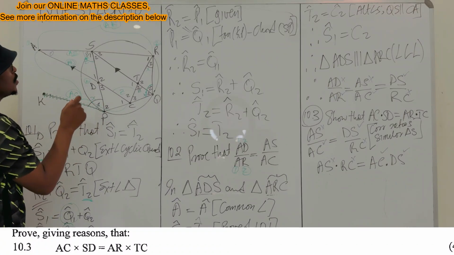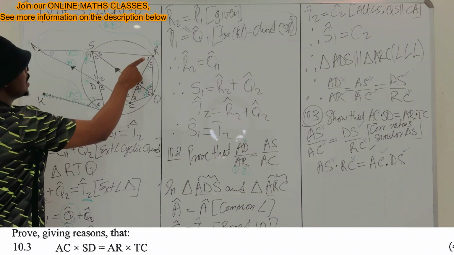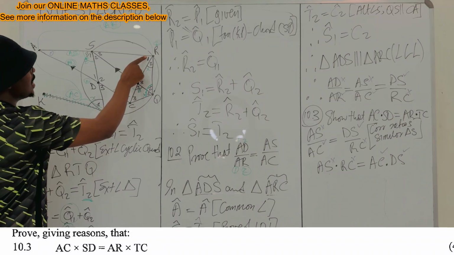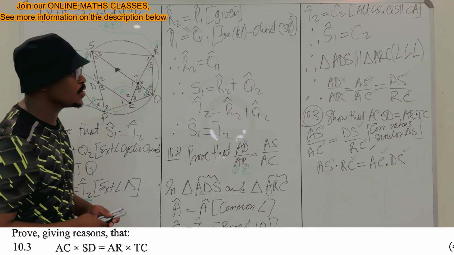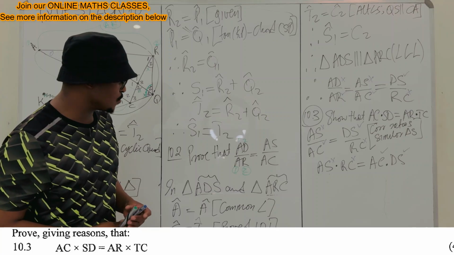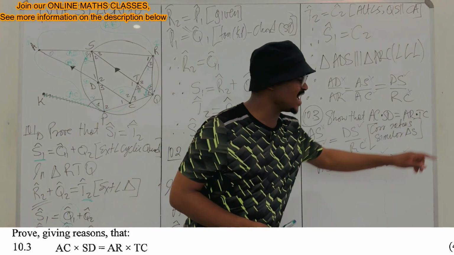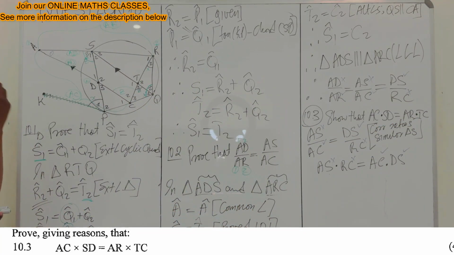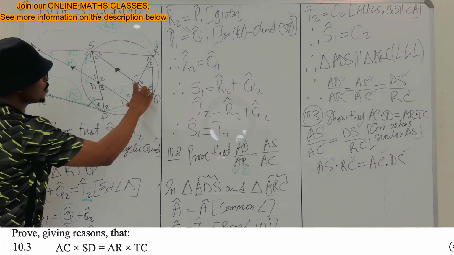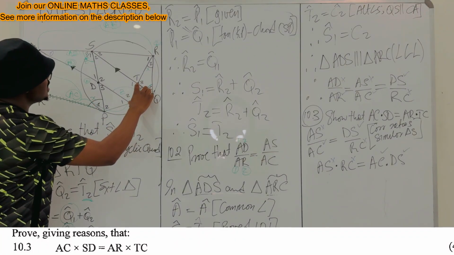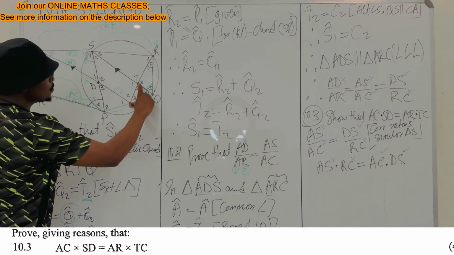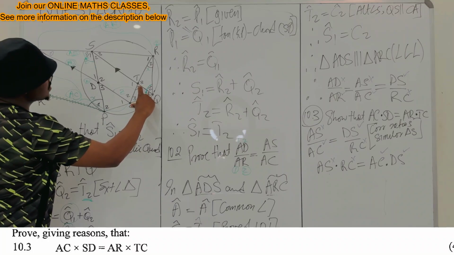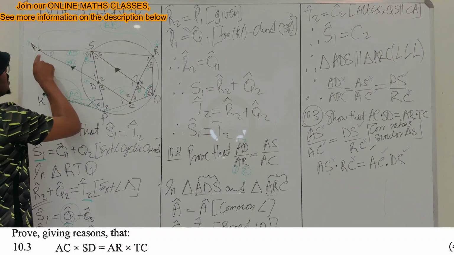We want to have something to do with what? With TC and AR. Okay. TC is this small part, right? AR is that big part here. So this small part corresponds to the other small part.